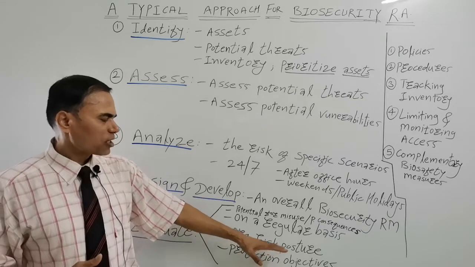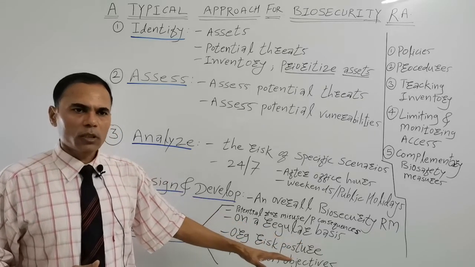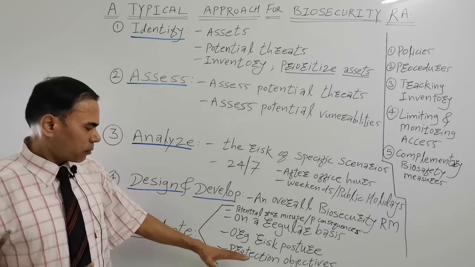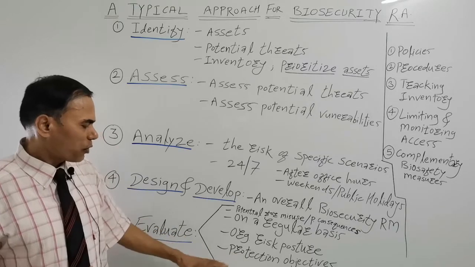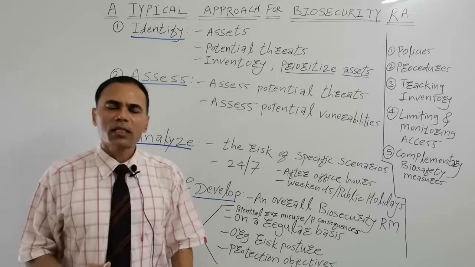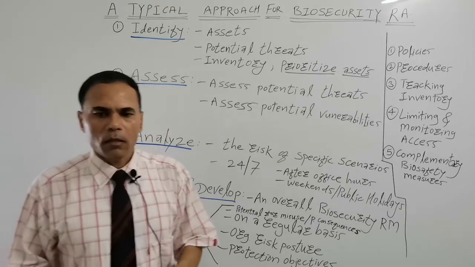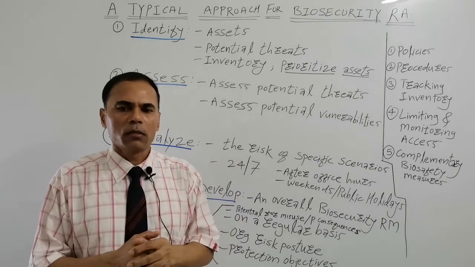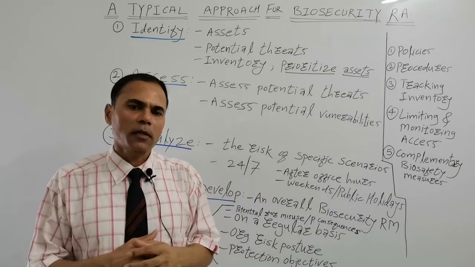At the same time, in line with the policy of the organization, you have to evaluate the organization's risk posture. This is very important, and you should also evaluate the protection objectives of the organization. It will depend on the nature of your R&D activities.